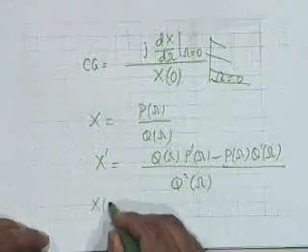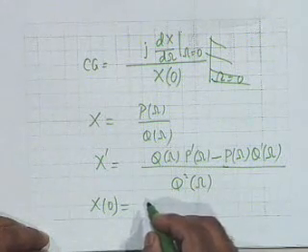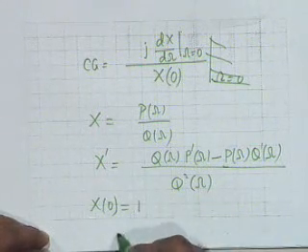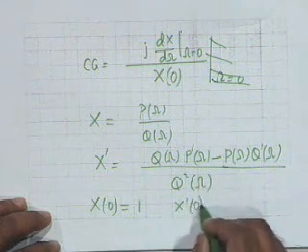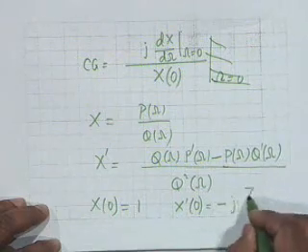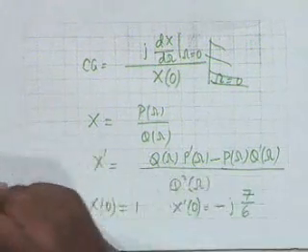Well, capital X of 0 after numerical simplification comes as 1, and capital X prime 0 comes as minus j 7 by 6. This is the correct result.